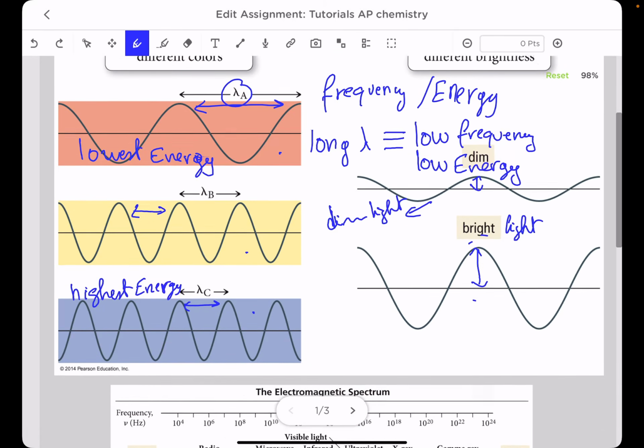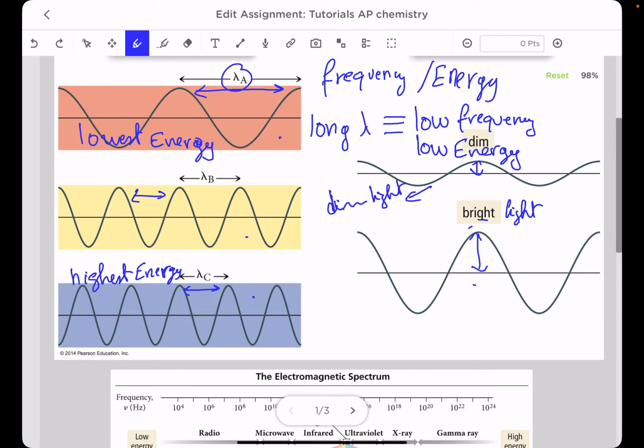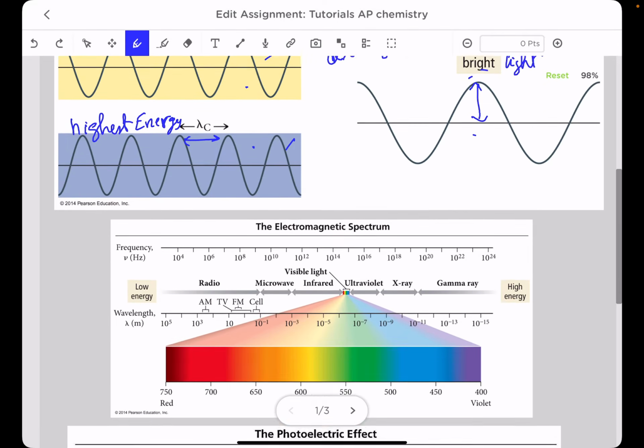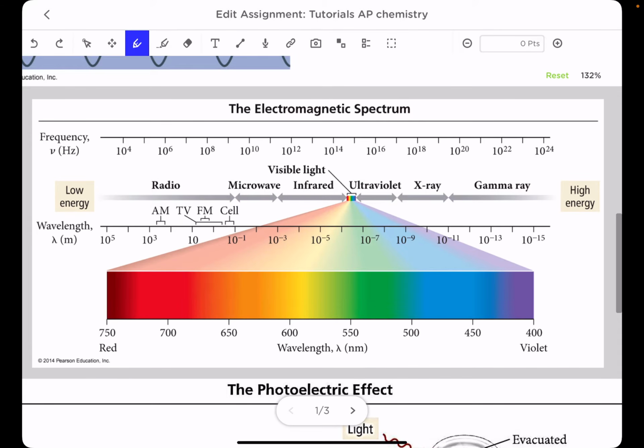Now, before I move on with this video tutorial, I would like to explain why I have different colors when the frequency or the energy of light changes. Light, with its wave property, has different frequencies. When the frequency is low, it means a low energy.